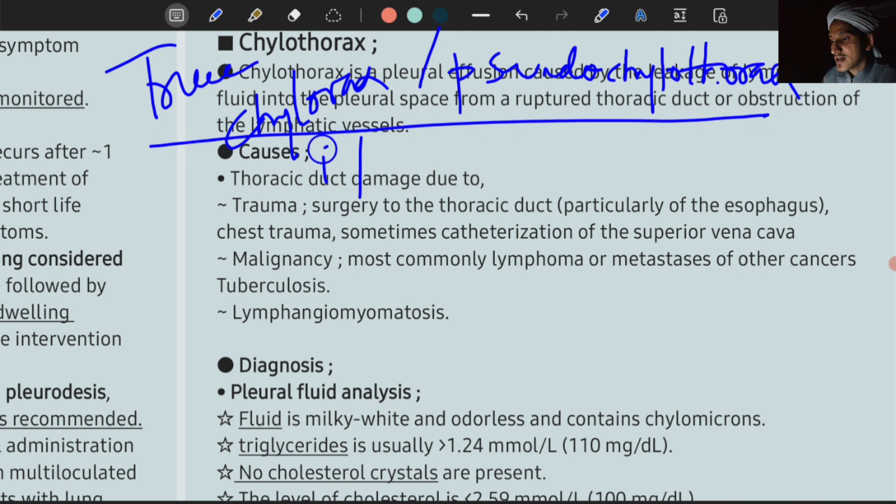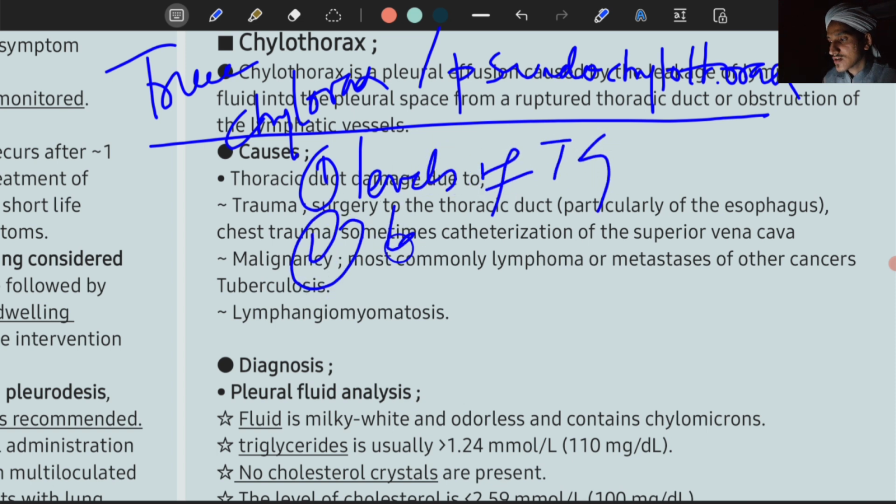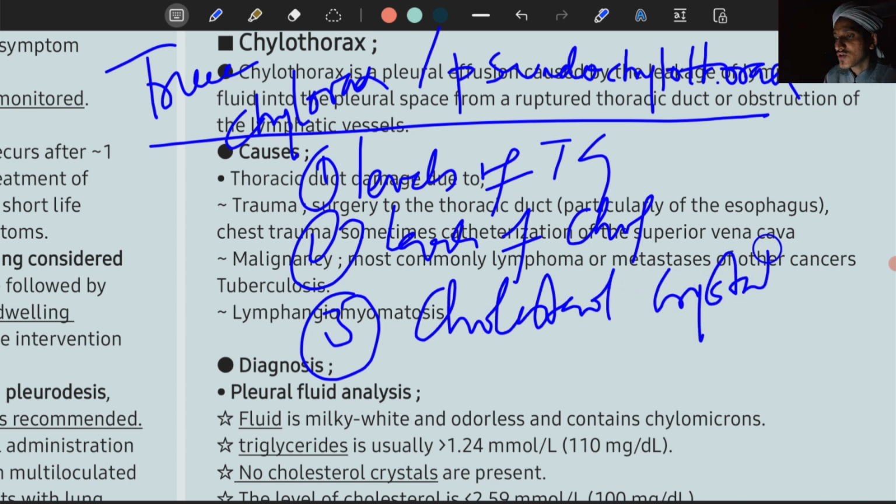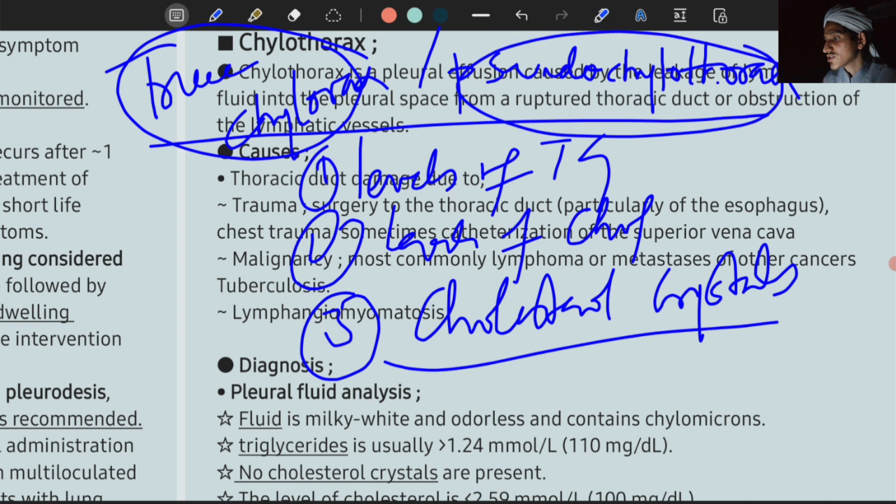By levels of triglyceride, levels of cholesterol, and cholesterol crystals. By these three things you will differentiate between true chylothorax and pseudochylothorax. Pseudochylothorax usually happens in chronic effusions. Whenever there is a chronic effusion, there is deposition of cholesterol in it, and that is why it appears milky.